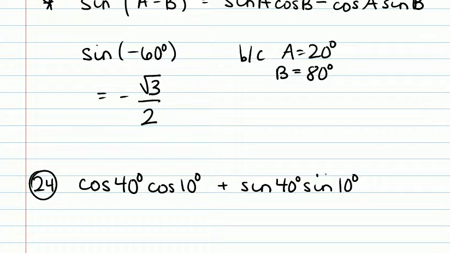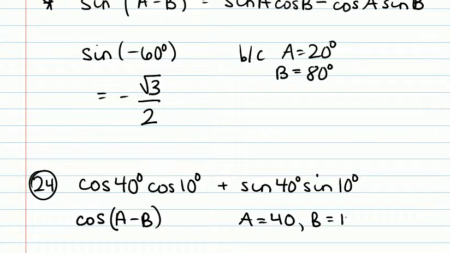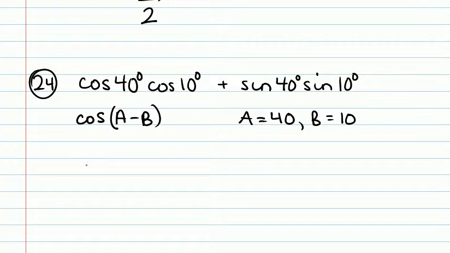You should notice that that is actually the cosine of A minus B, where A in this case is going to be 40 and B is going to be 10. So we are looking for the cosine of 30. And the cosine of 30 degrees is root 3 over 2.